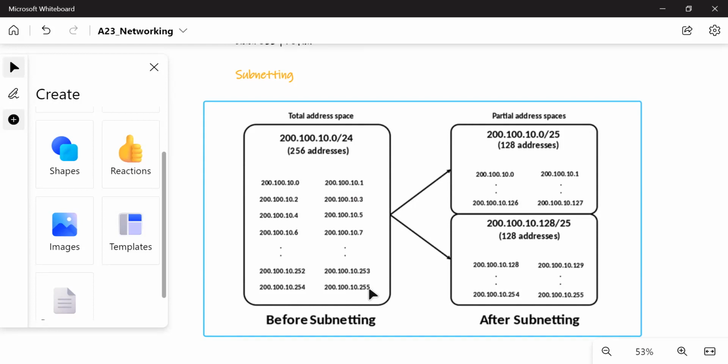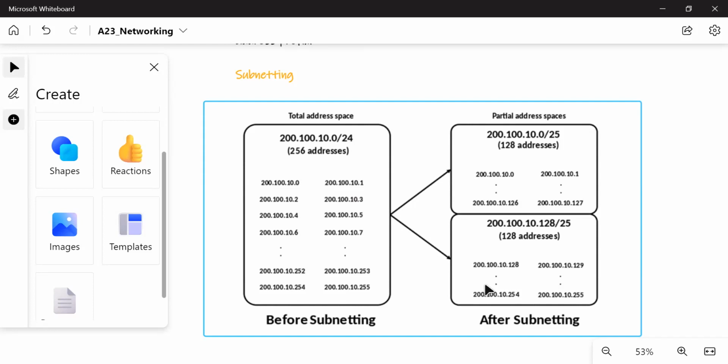Dividing this into two networks means that half of these addresses will be in one, and the other half will be in the other, right?